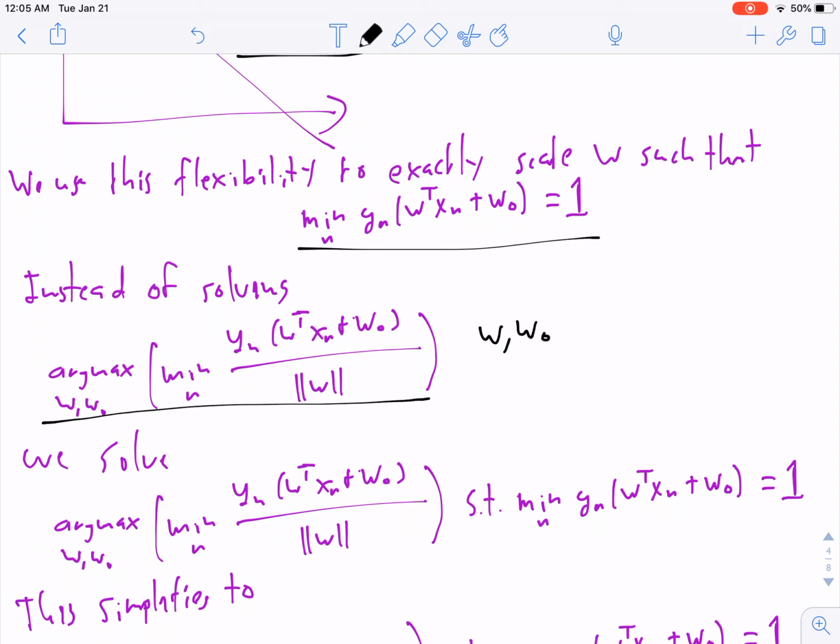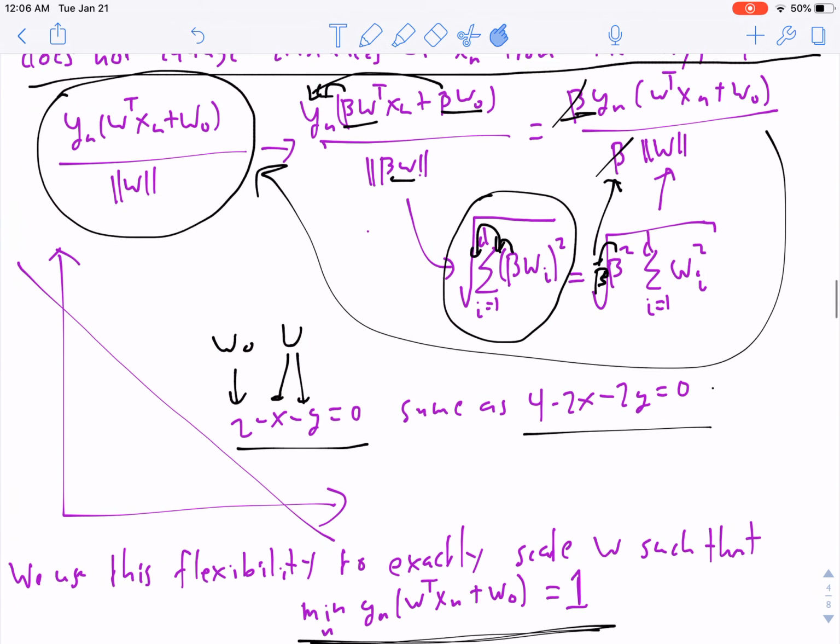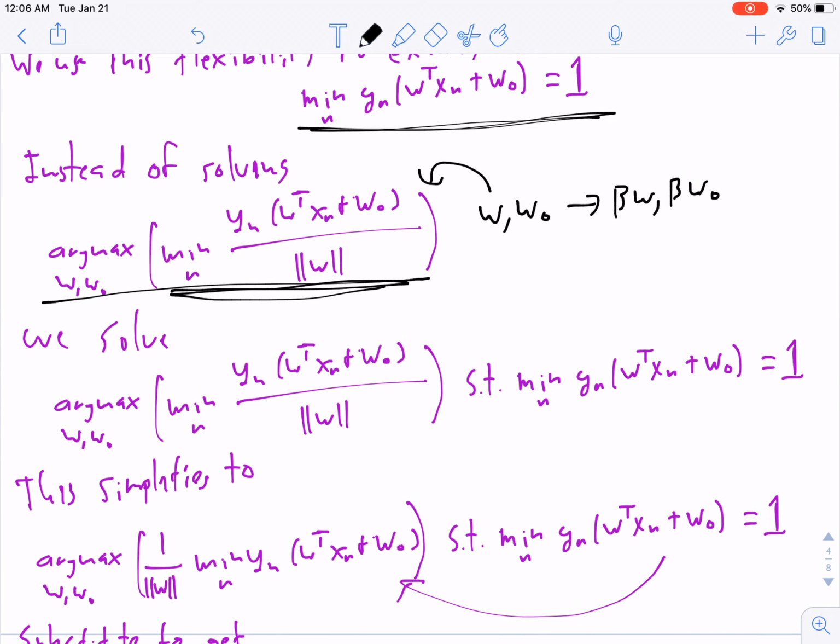And I claim that for that solution, there is an equivalent solution, beta times W and beta times W naught, such that the value of the objective is the exact same, but also our condition holds. And we know that must be true because of the claim that we just proved. In other words, we can just take the W and W naught that would have maximized this objective and then scale by some beta.